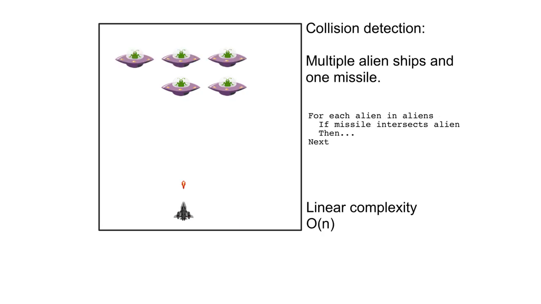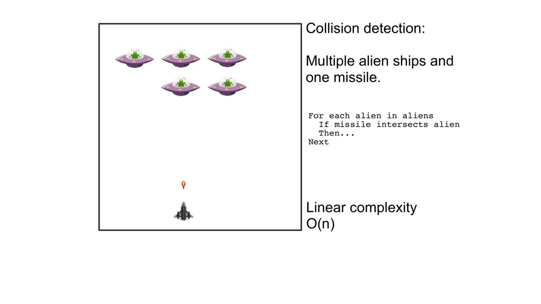If we increase the challenge in our game so that the player has multiple alien ships to fire at, but can still only fire one missile at a time, then we need to check that missile against every single alien ship that's currently in the game. So we can use a simple for loop to achieve this.